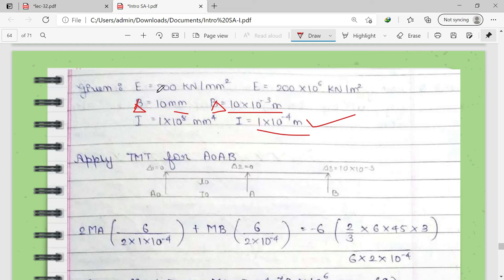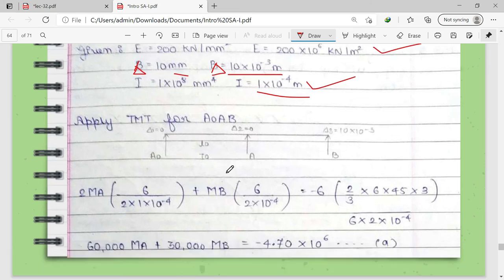The E value is in kilonewton per mm square, so we need to convert it into meter square, because in our numerical the span is given in meter. We have to convert all the units into one single unit, converting the mm values into meters, and only then put the values in our equation, otherwise the whole numerical will become wrong.